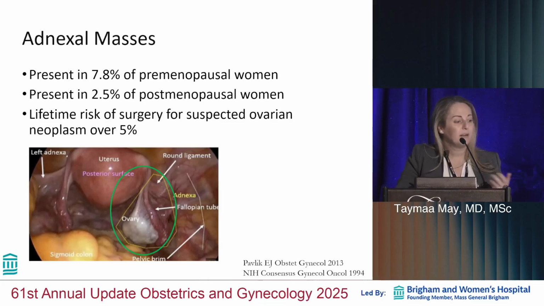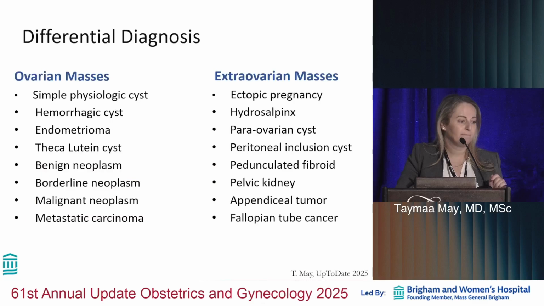It's present in about 8% of people who are premenopausal and 2.5% of patients who are postmenopausal. Over a lifetime, there's about a 5% likelihood that a woman would undergo surgery for an ovarian mass.